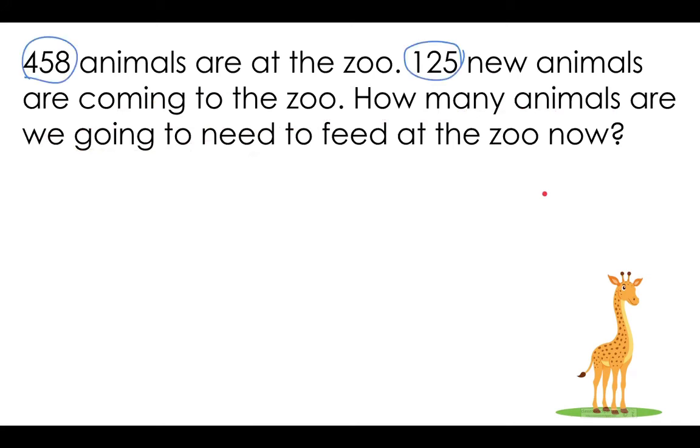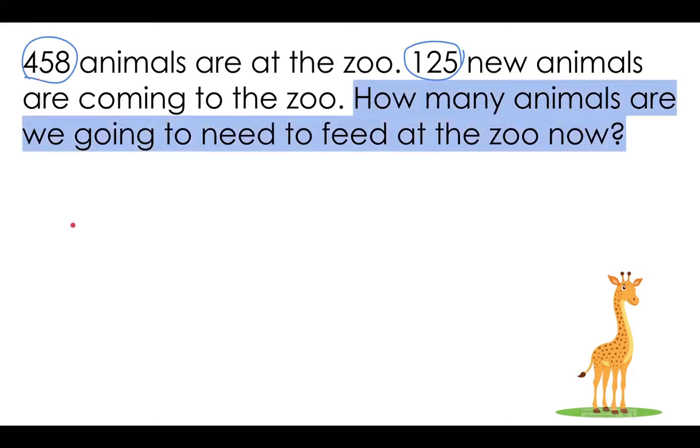What I usually do first is I find the numbers in my problem. I found 458 and 125. Then I ask myself, what is the story problem wanting to know? And in this problem, they want to know how many animals are we going to feed at the zoo now.